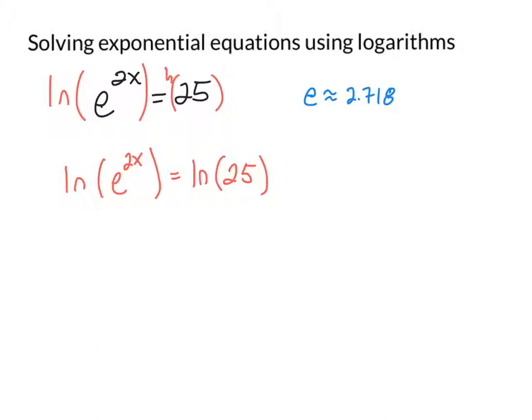This is great. I'm actually in great shape right now because if I remember my rules for logarithms, I can take this 2x as the exponent and bring it down outside. What I would end up with is 2x times the natural log of e is equal to the natural log of 25.